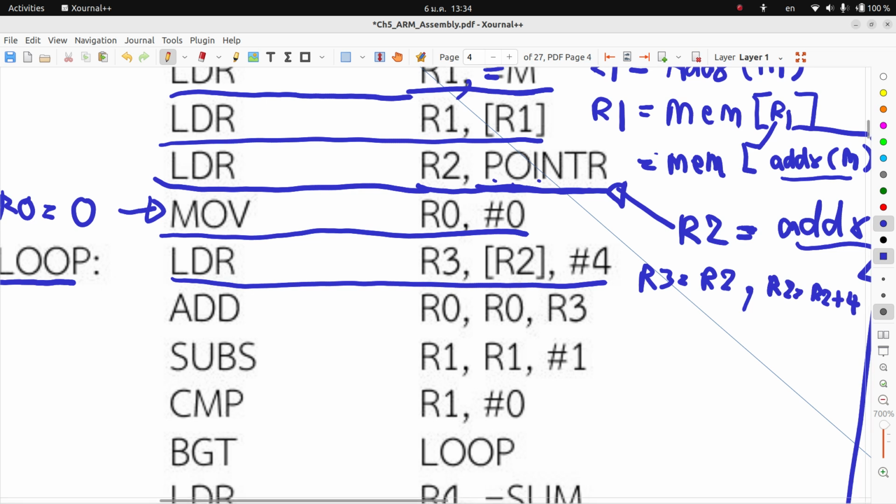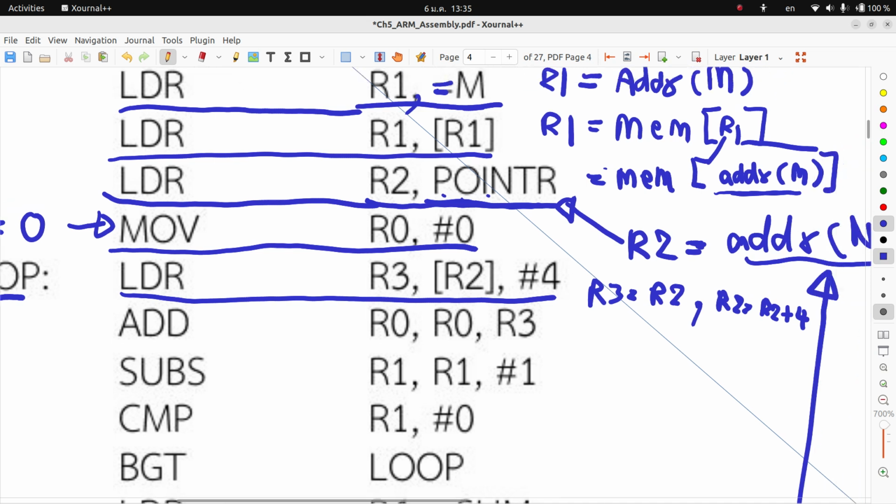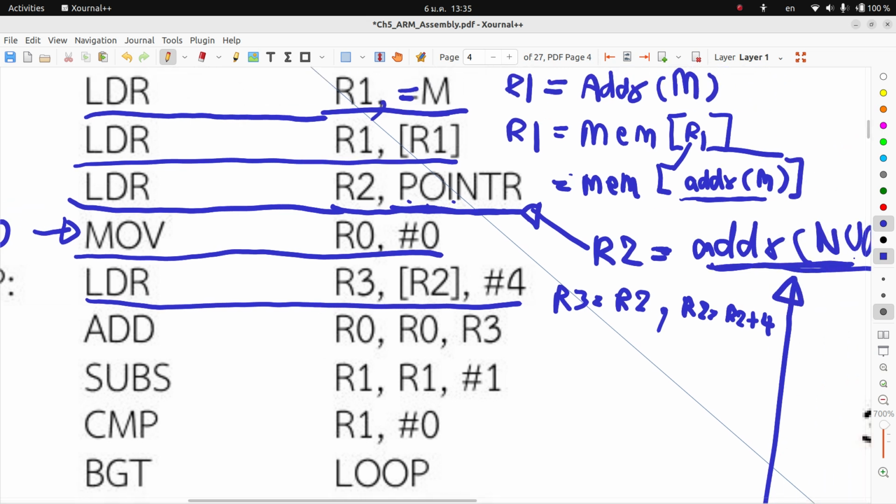There are two sub-operations inside. There are two sub-operations. Okay? What is R2? R2 is the address of num. Okay? R2 is the address of num. Remember? Then add R0, R0, R3. What does it mean?